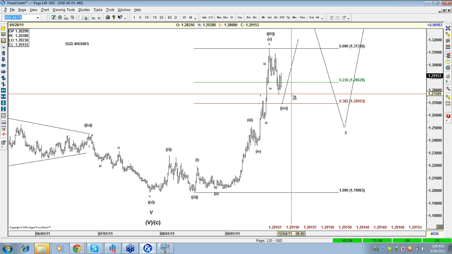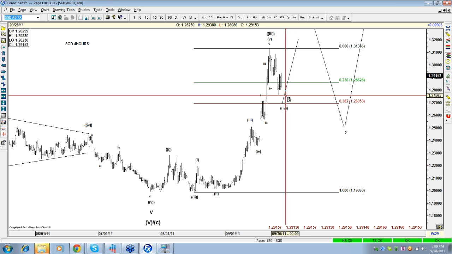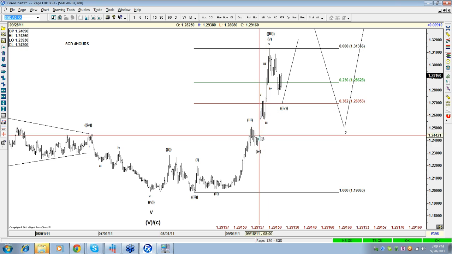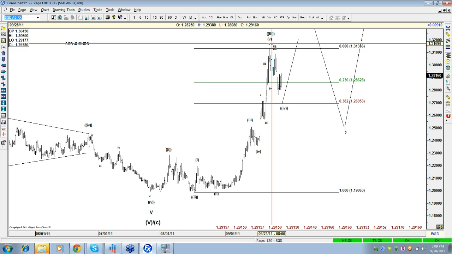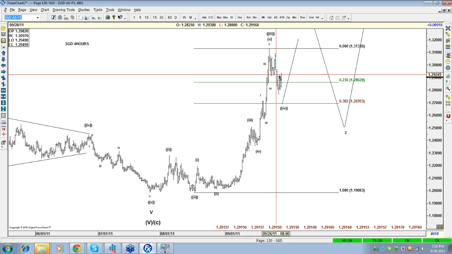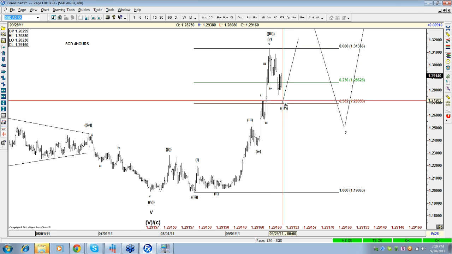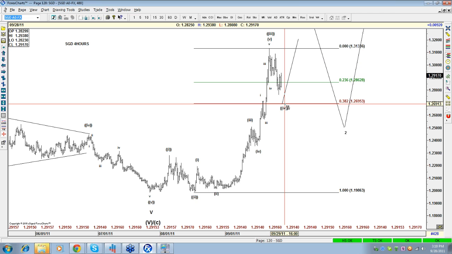I don't know if you guys agree. It looks like it's going to make, and that's why, because it was an extended 5, that's why the decline is going to test here, 125 and change. I believe so.